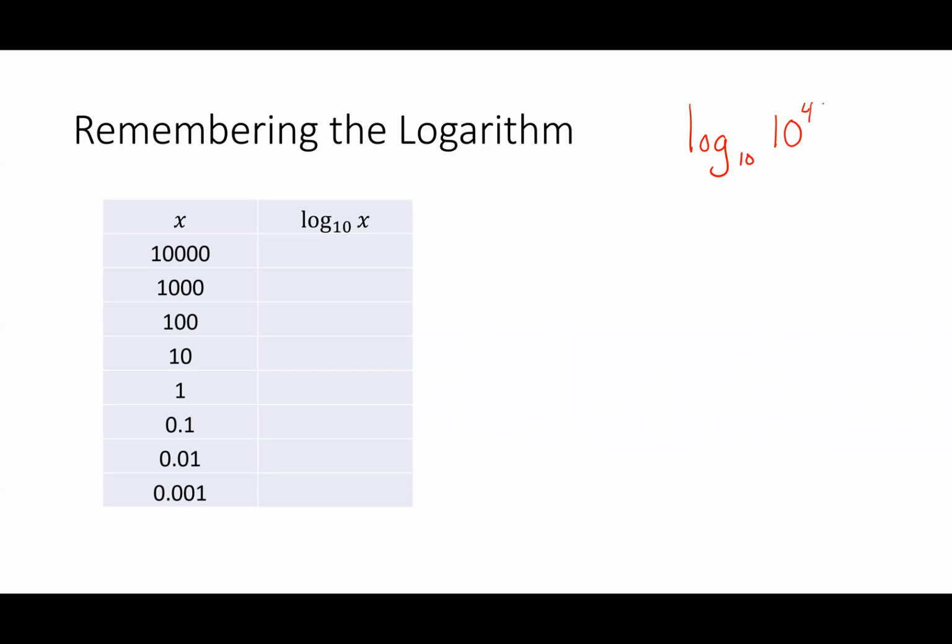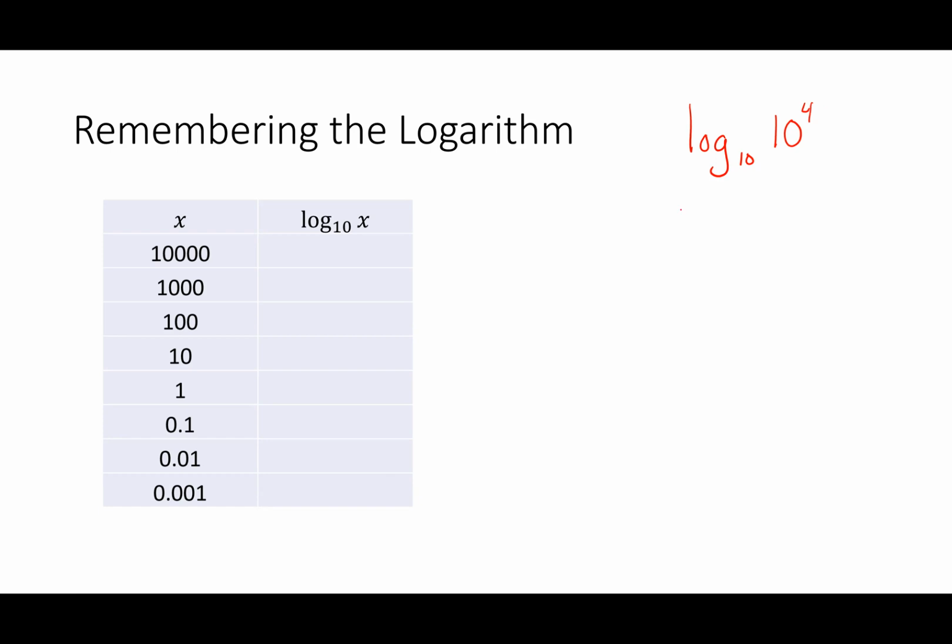If I take the log base 10 of 10 to the 4th, what is the logarithm? Something about exponents, baby. That's the phrase of the day. It undoes the exponent. So log base 10 of 10 to the 4th is what? 4.